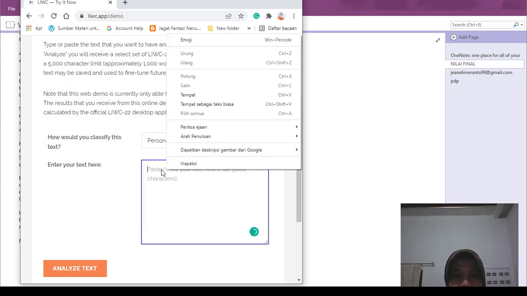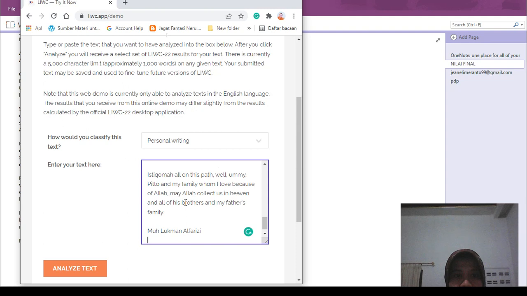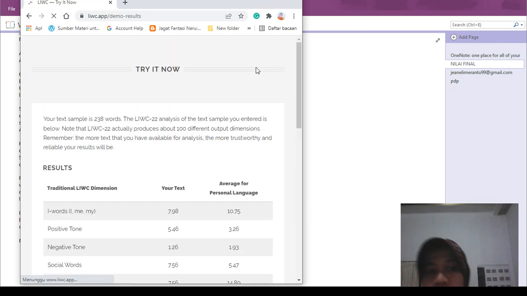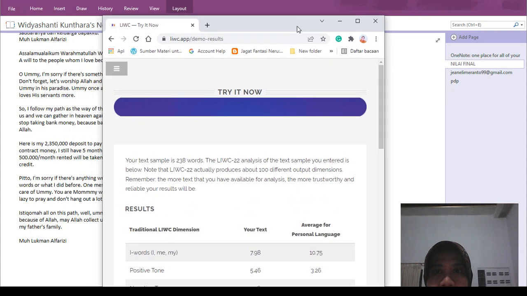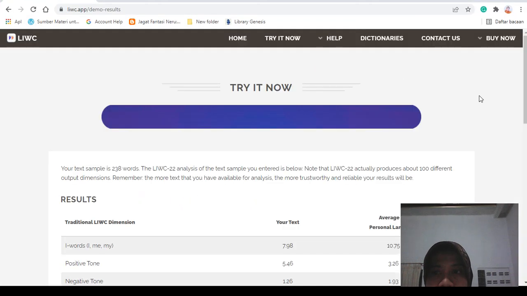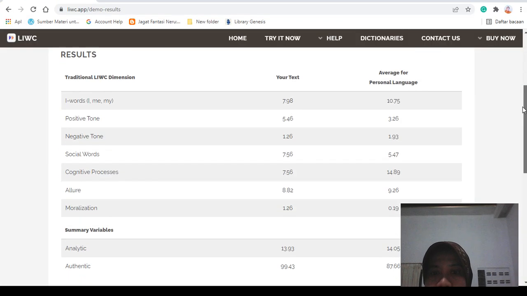You can paste the English version text because the program can only read the English version.